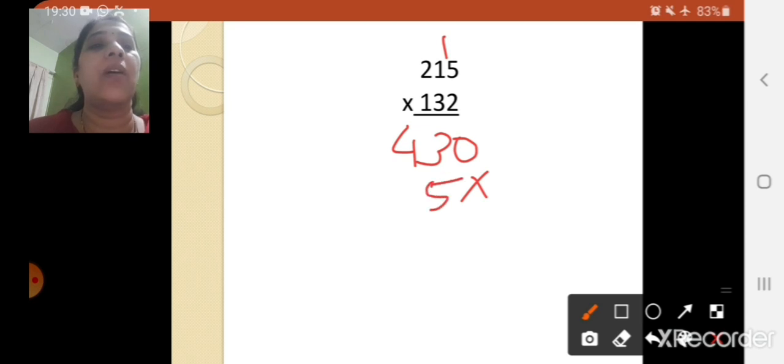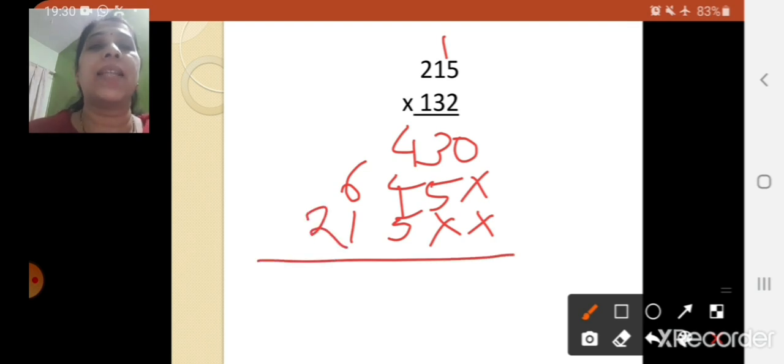So 5, 1 carried over. 3 1s are 3, plus 1 is how much? 4. And what are 3 2s? 6. So now put a multiplication sign, or you can put 2 zeros. 1 5 is 5. 1 1 is 1 and 1 2 is 2.